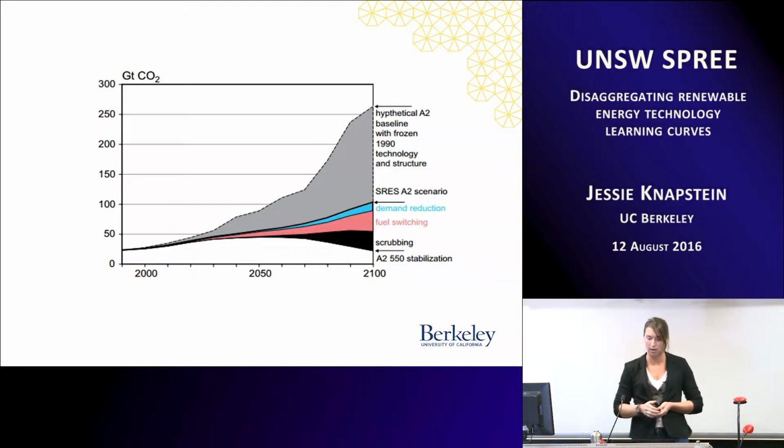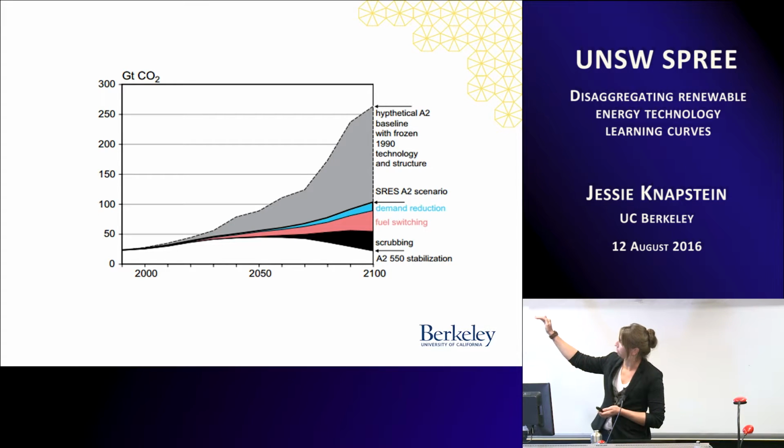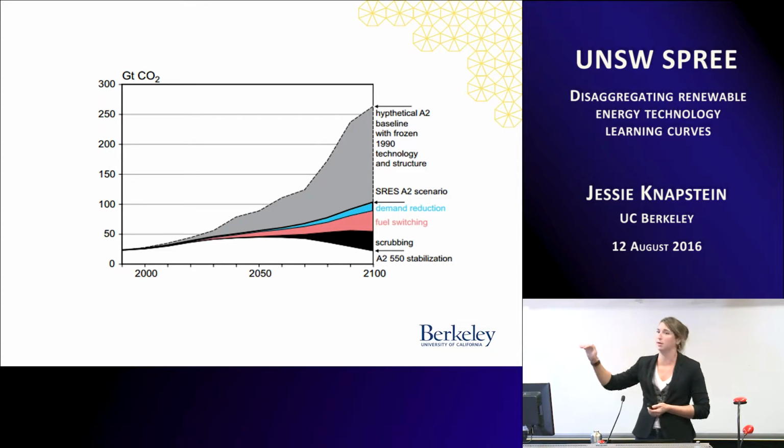That black bar there, the SRES A2 scenario, is the baseline. So they are assuming that the technology change is going to be so vast that we will actually be at that point in 2100. That's a little bit dangerous.